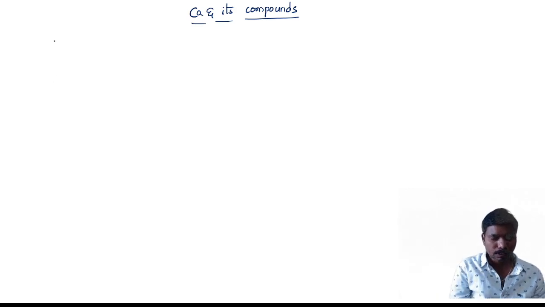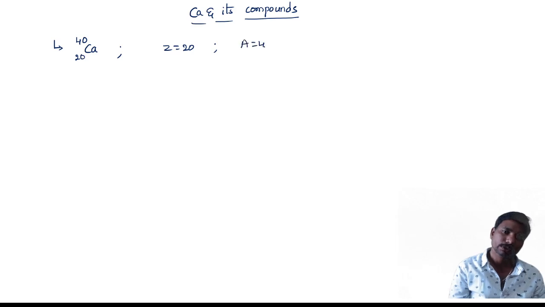Here coming to calcium: atomic number 20, Z is equal to 20, mass number is 40. And here are some important ores of calcium.